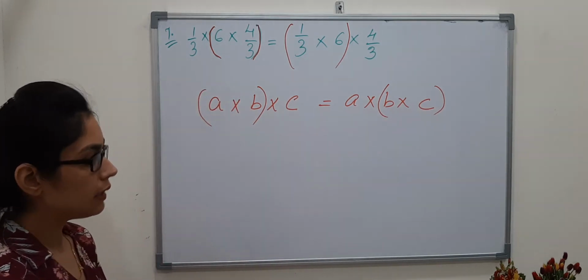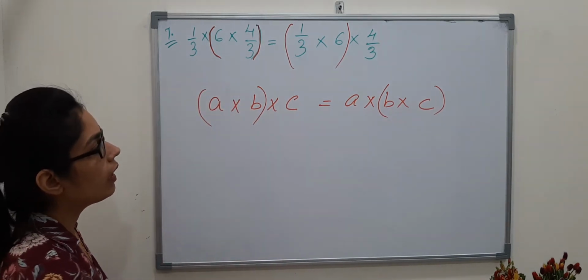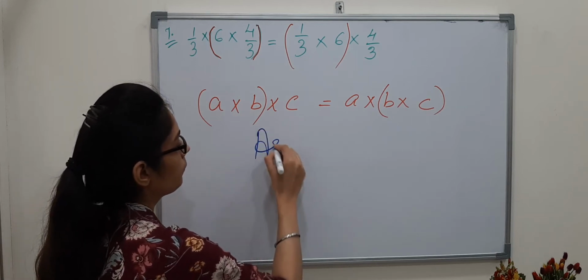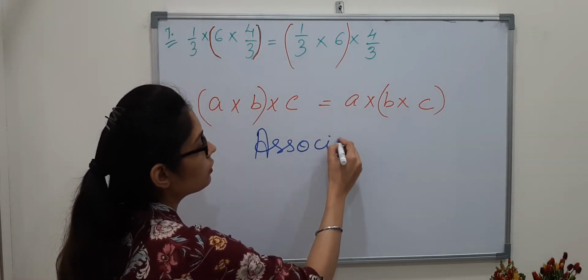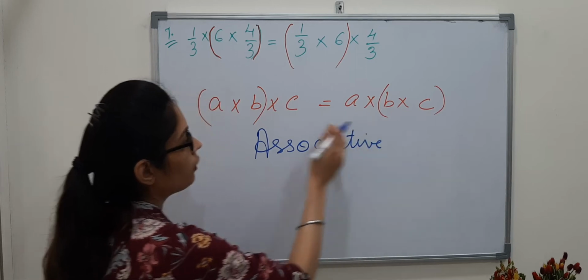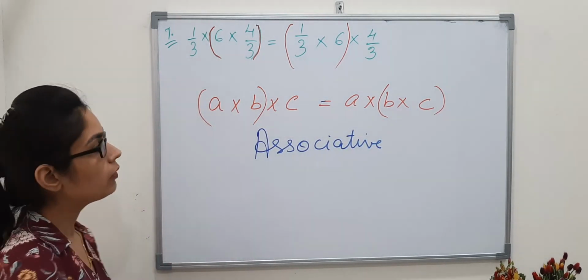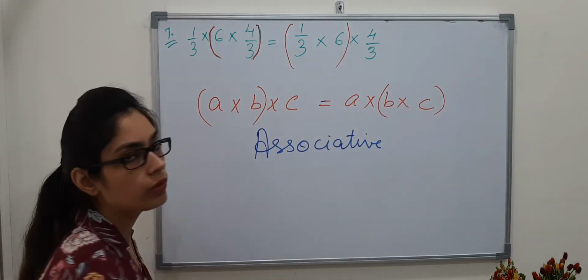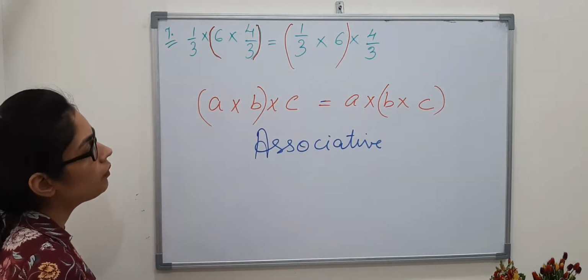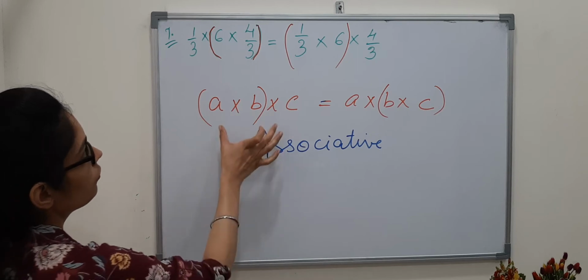So this property was associative property. In associative property, both sides of the equal to had the same terms, but only the place of the bracket was changed. Now can I relate this with this number?